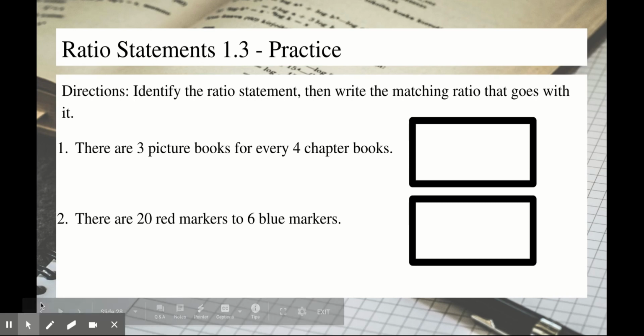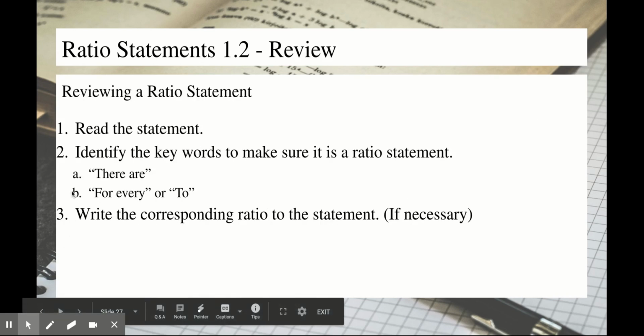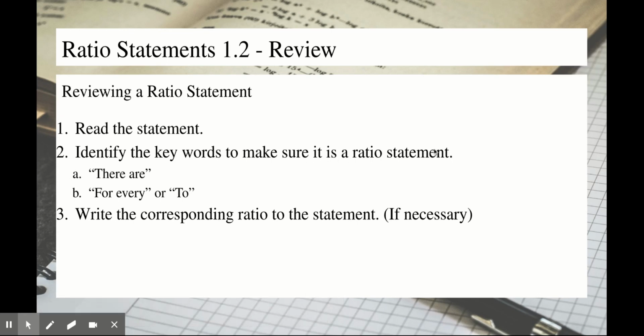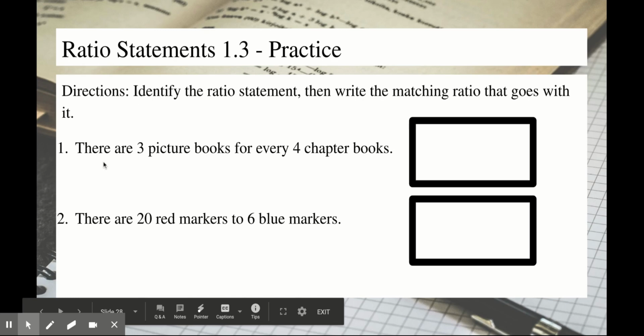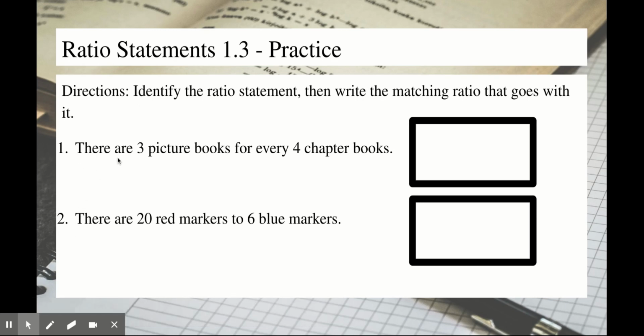The next thing we need to do is identify the key words to make sure it is a ratio statement. We have there are right here. And if we go down over here, we are stating our next number, and right before that, it is for every.